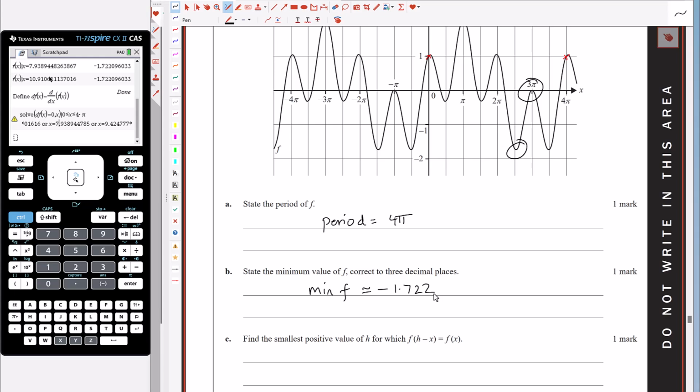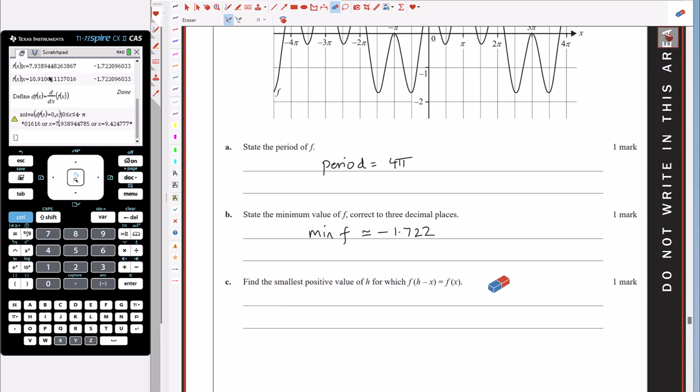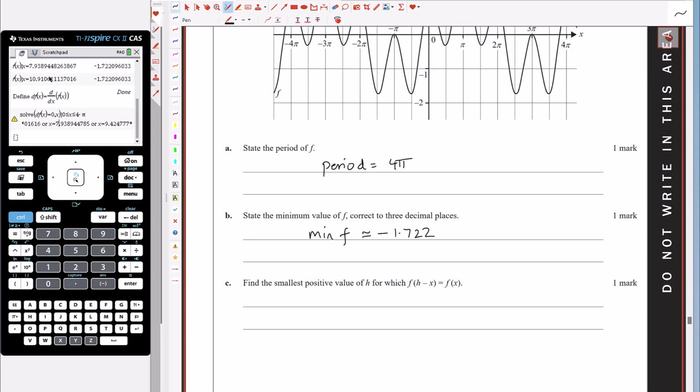Okay, find the smallest positive value of h for which f of h minus x is equal to f of x. Okay, so f of h minus x is the same as f of negative x minus h.